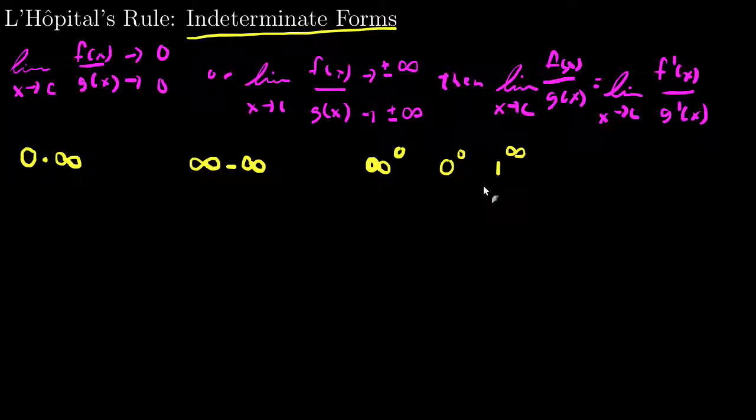I'll talk about why we aren't sure what these functions are going to approach unless we look more deeply. But I can use L'Hopital's rule, and I'll be specific on each, but the idea is I want to rewrite each of these as a rational function, a ratio of two other functions, and then do the L'Hopital's rule from before.